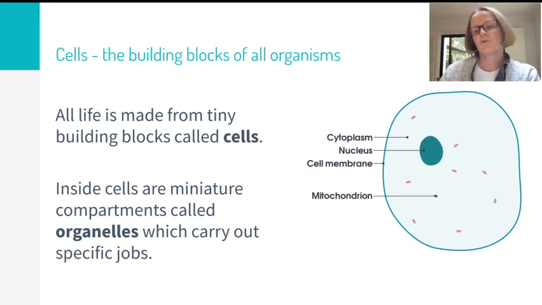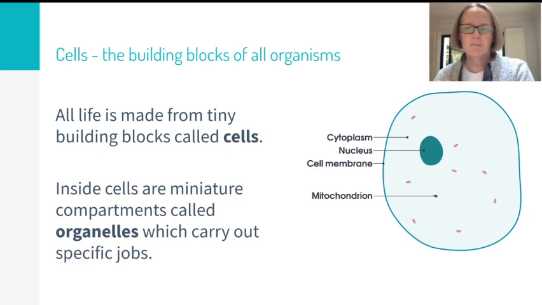So if we were to look at an organ like a heart, you would see muscle cells, cardiac muscle cells, and they will be very different shape to cells that you might find in your blood because they have different jobs to do. And they will have inside them slightly different organelles because those different compartments in the cell will be doing different jobs to allow the cell to carry out different functions.